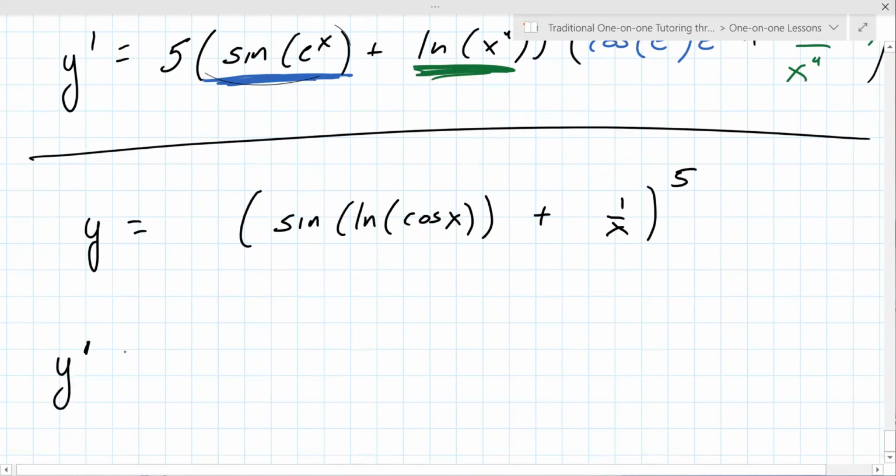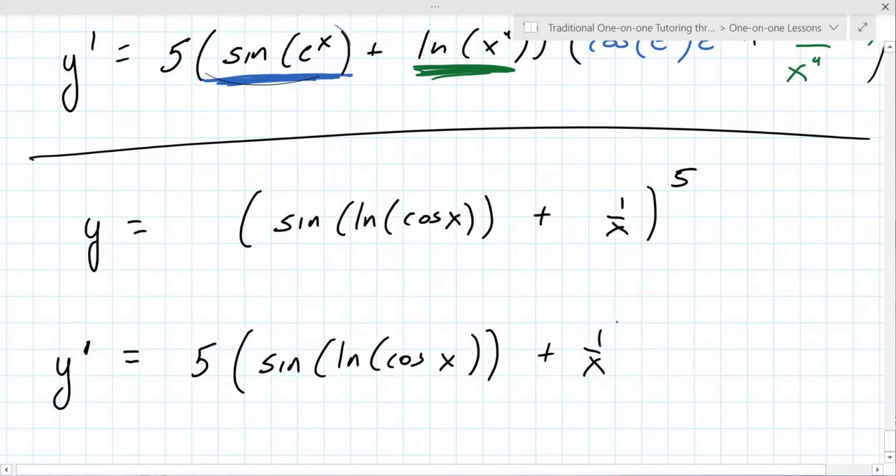Okay, so for your derivative, you have to start here with power rule. So you bring that 5 down. 5 times the parentheses, y prime equals 5.